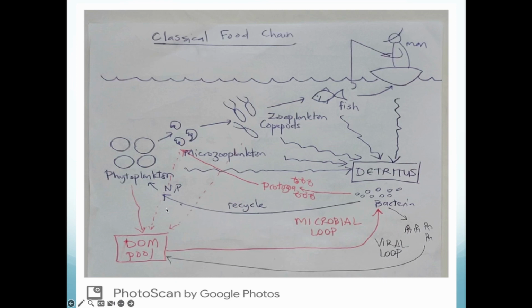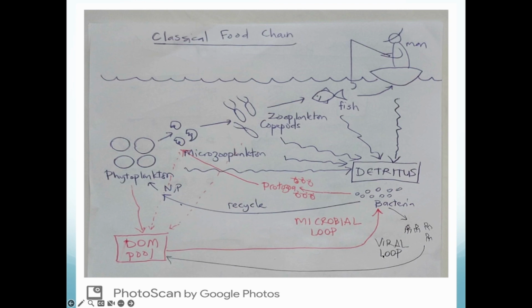So now we know how to evaluate the relationships between phytoplankton and zooplankton, and also between bacteria and protozoa, and the different modes of bacteria, whether as free living or attached bacteria in the environment.